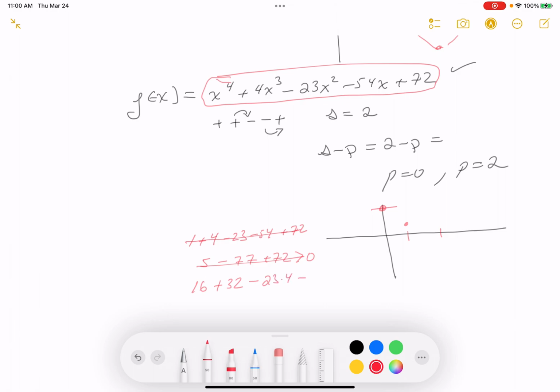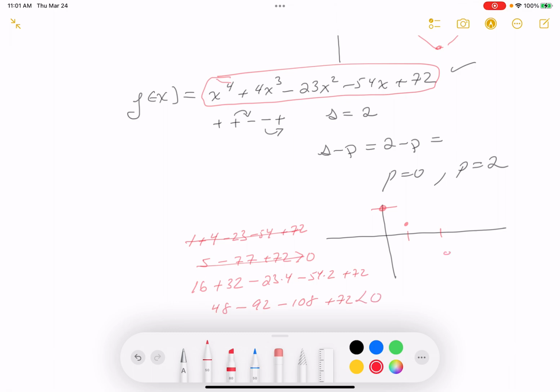Minus, we're trying 2 by the way, 54 times 2 plus 72. All right? That doesn't look too bad to do. What do you get? 48 minus, that's 80 and 12, 92, minus 108 plus 72. This is definitely negative.